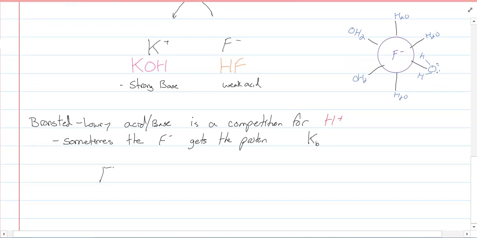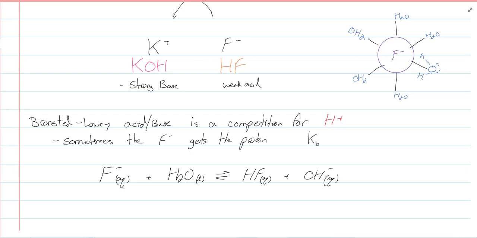So that means the reaction will be F minus aqueous plus water going to HF and hydroxide. So hydrolysis is going to affect the pH of a solution. If you put in sodium fluoride or potassium fluoride, we're going to produce hydroxide in that solution and affect the pH.